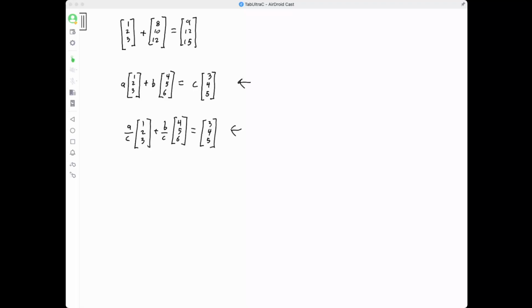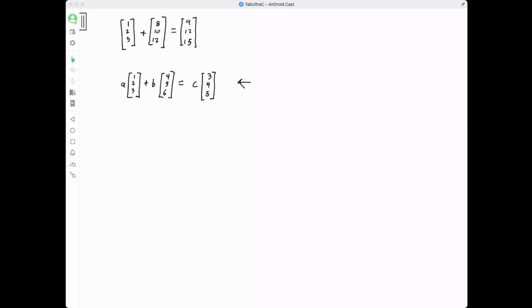We introduced the idea of a linear combination in the last video. It's linear because I'm not using any powers. It's all just to the first power.